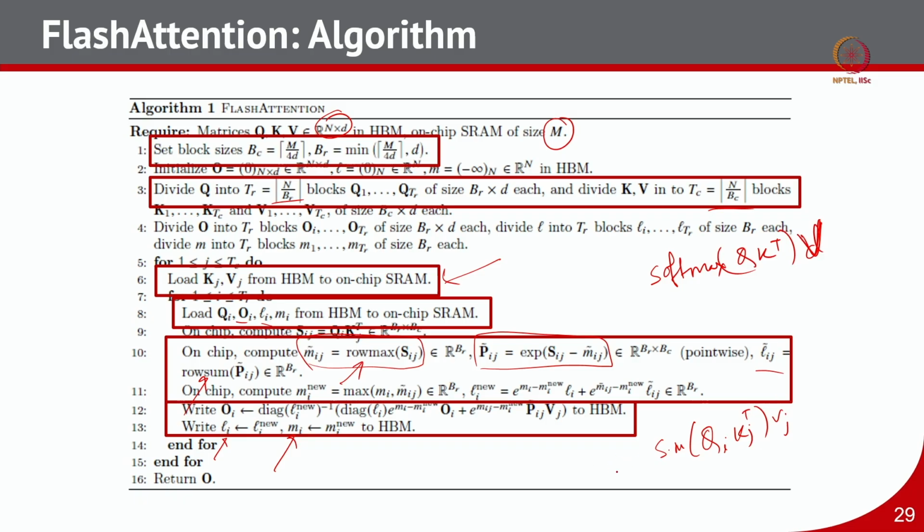It is not really summation, it is just aggregation, let us say. The aggregation of all these Qi Kj transpose multiplied by Vj is the same as the softmax of the whole thing, QK transpose multiplied by V. Okay. So, that is how FlashAttention works.